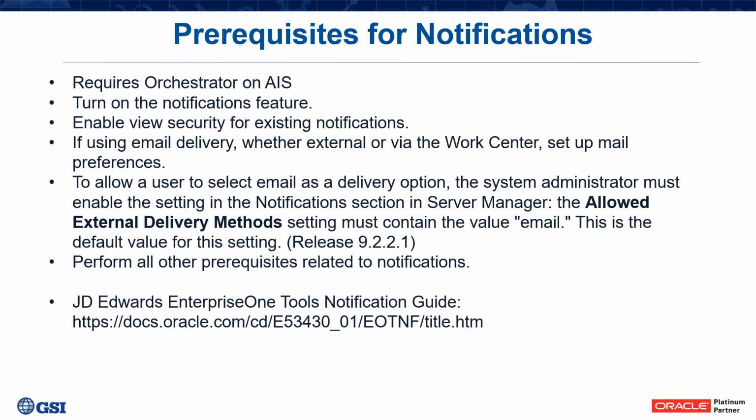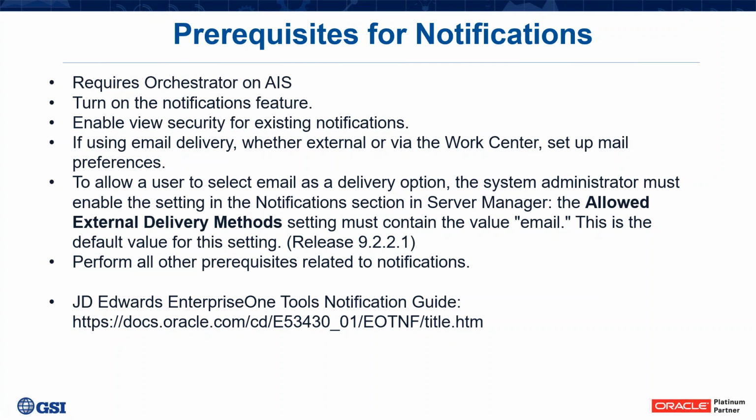And then once you start setting up email delivery, whether it's external or through the Work Center, you need to set up the mail preferences, obviously. There's a lot of detail surrounding how to do the email.